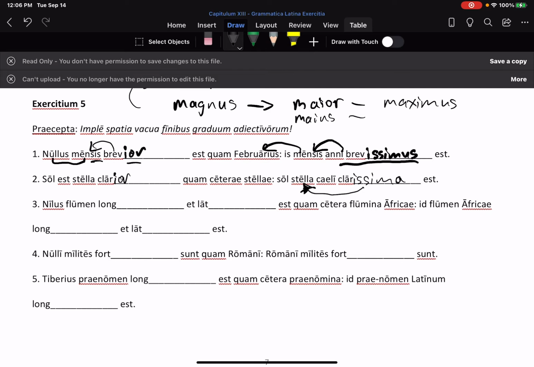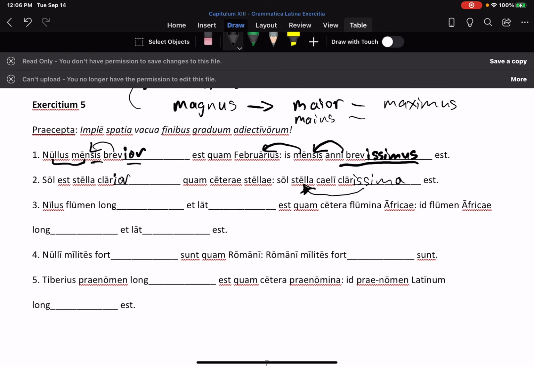Nilus flumen long blank et lat blank est quam cetera flumina Africae. So, first of all, what gender is the noun flumen? Well, if you remember correctly, flumen is neuter. So that means we're talking about the Nile here, the Nile River. Flumen, being neuter, means that these comparative adjectives also need to be neuter, since they're modifying it.